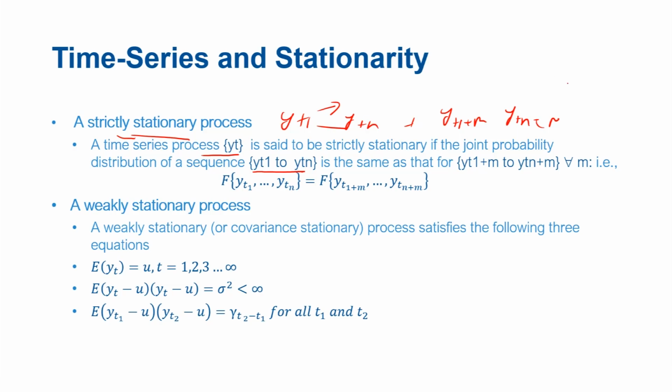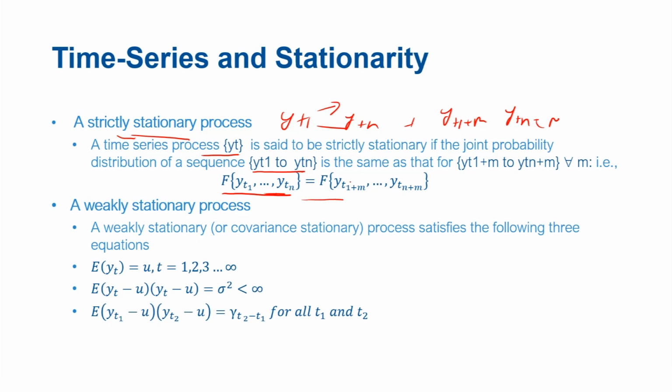Similarly, we can take any such sequence, and this F is notation for joint probability distribution. If it remains the same for yt1 to ytn, a sequence of n terms, and yt1 plus m to ytn plus m, then this series is said to be strictly stationary.